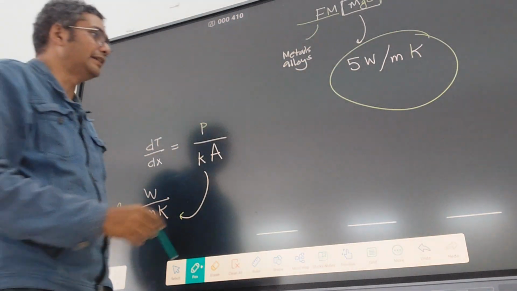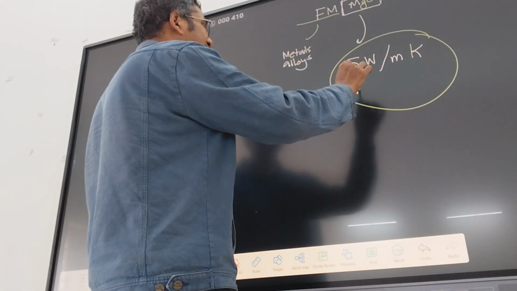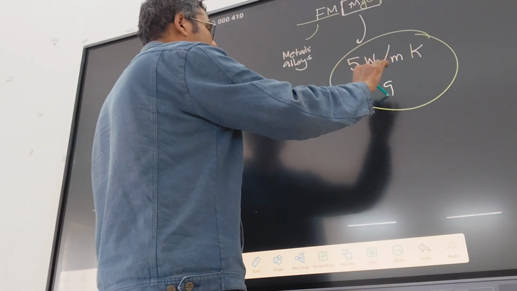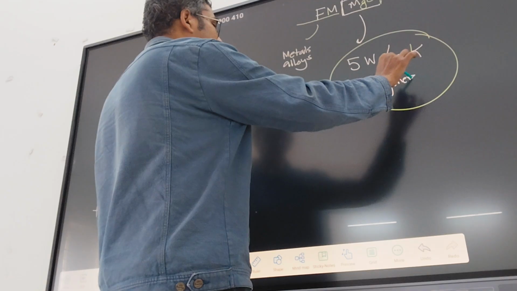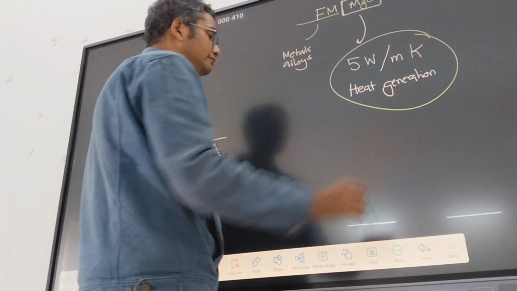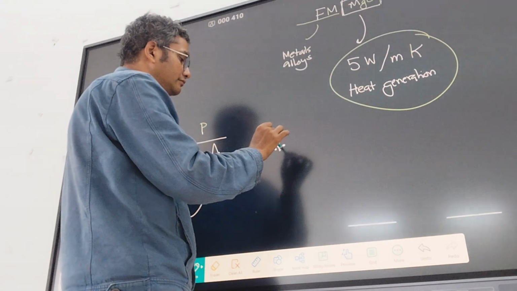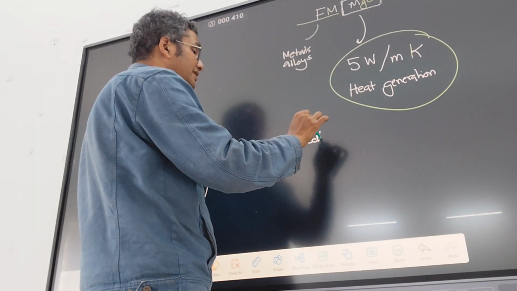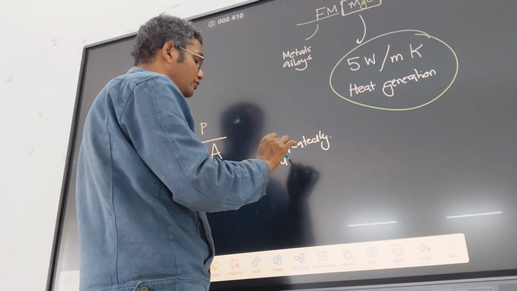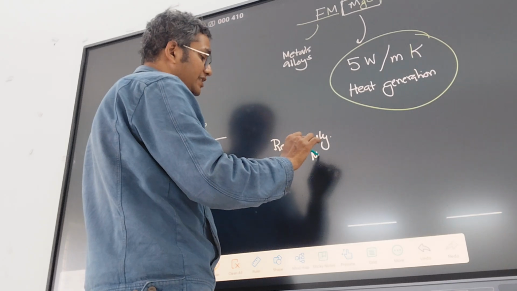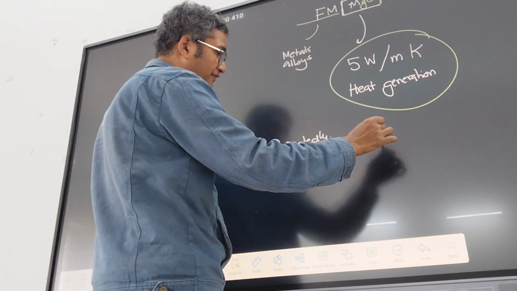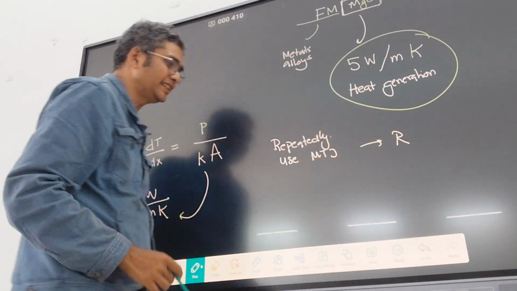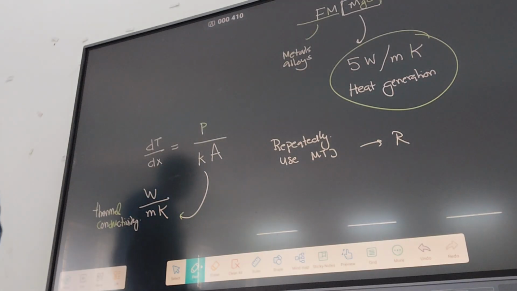This leads to heat generation. If you repeatedly use an MTJ for writing, reading is okay because we are not using any spin transfer torque.